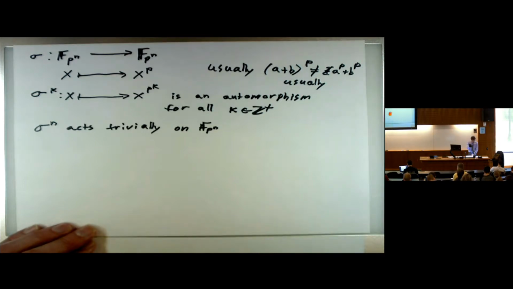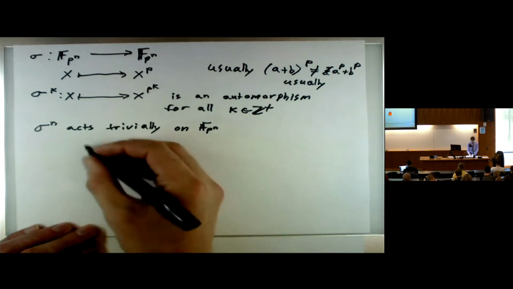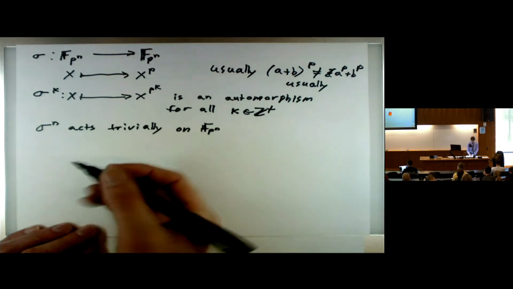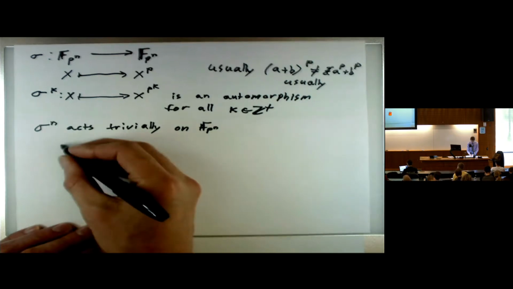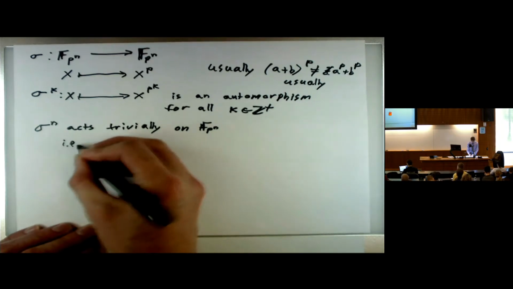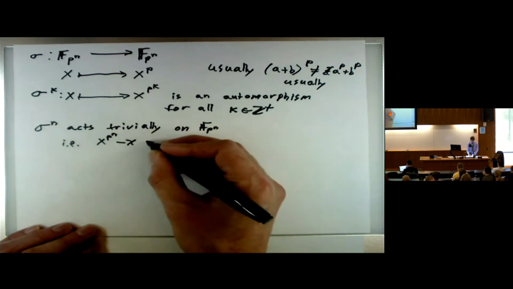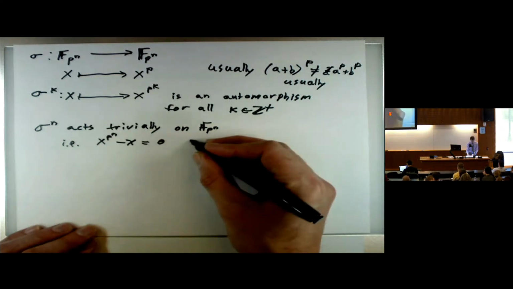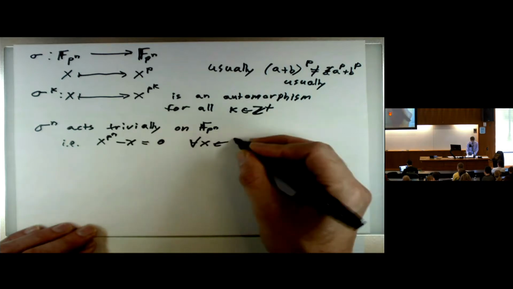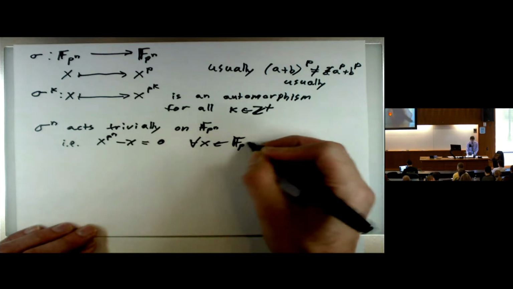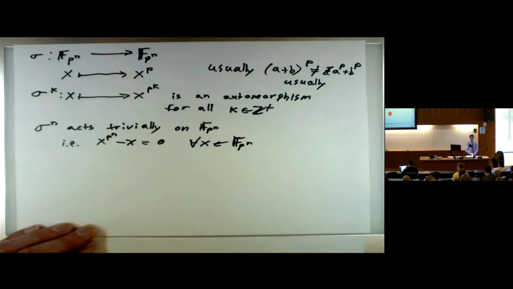That is the point here, because you have x^{p^n} minus x equals 0 for all x in F_{p^n}. So you see in the case where n is 1, that's basically Fermat's little theorem.